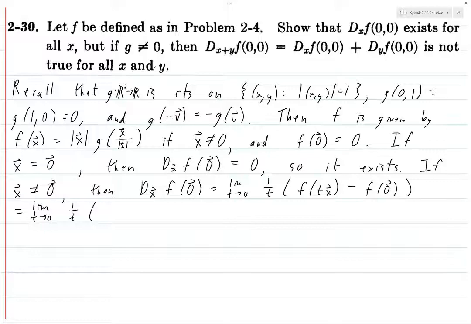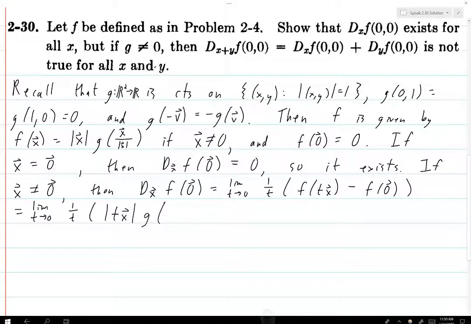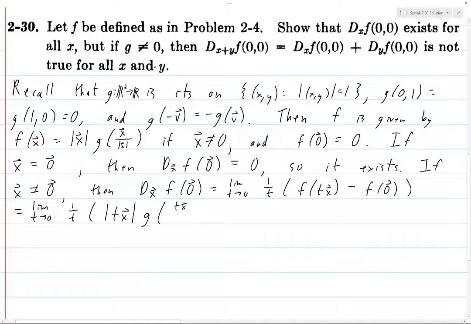So we can use our formula for f at non-zero values. So it's norm of t times x times g of tx over the norm of tx. And then we're subtracting f of 0, but that's 0.